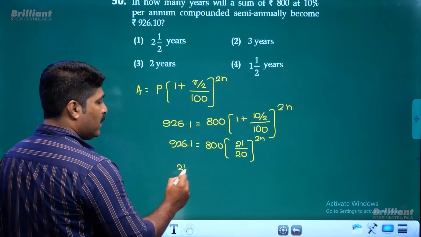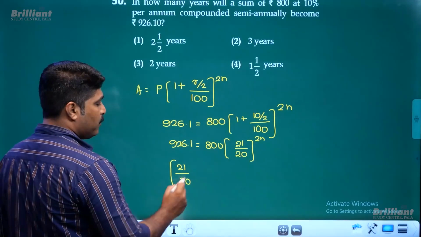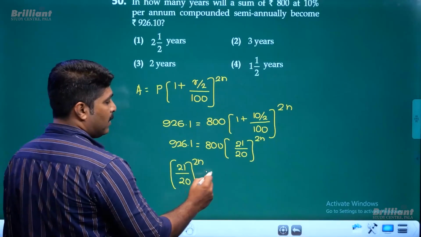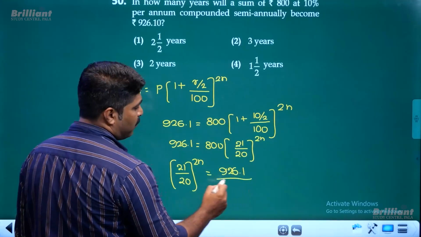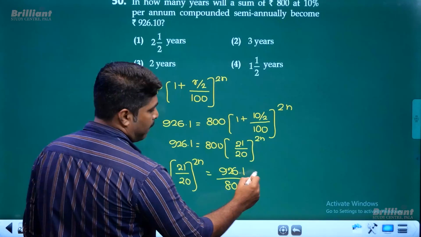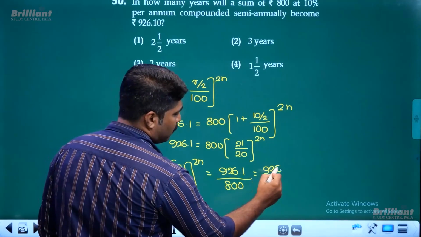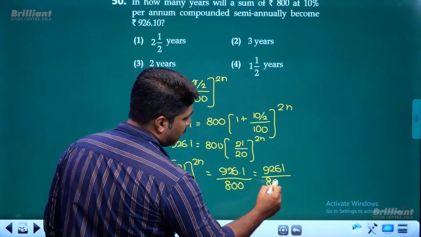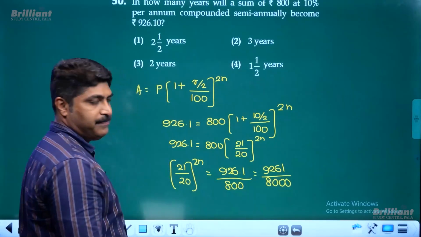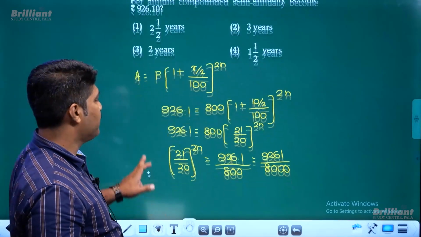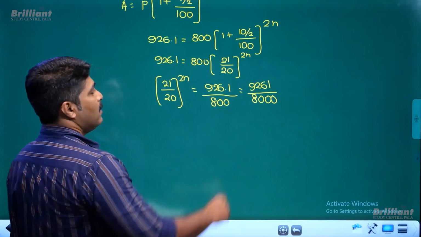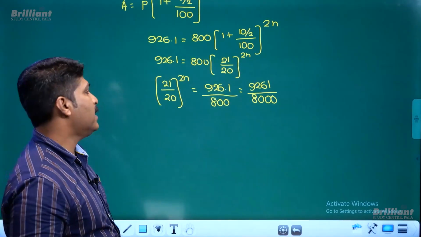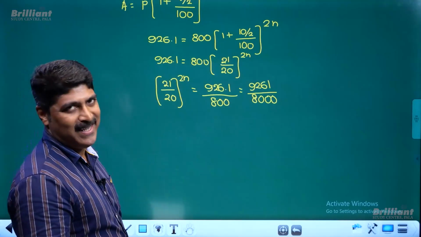So therefore, 21 by 20 raised to 2n is nothing but 926.1 by 800, or this is 9261 divided by 8000. Here the trick is applied. You have to catch how we can express this 9261 and 8000 in the form of 21 and 20.